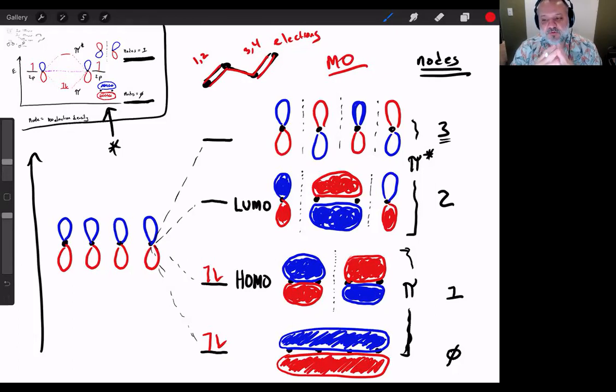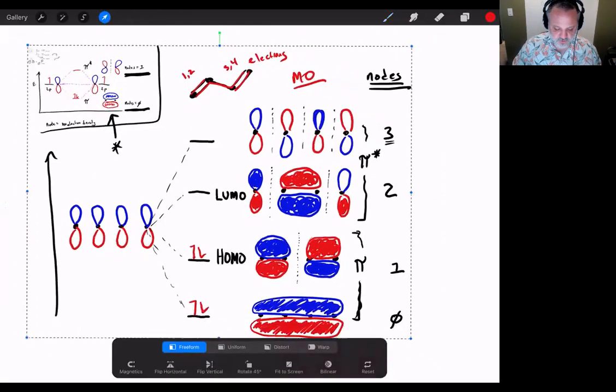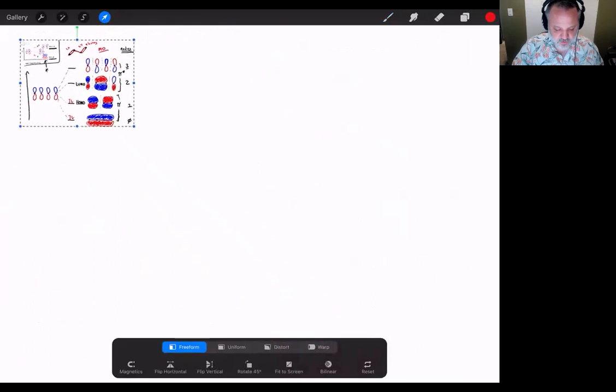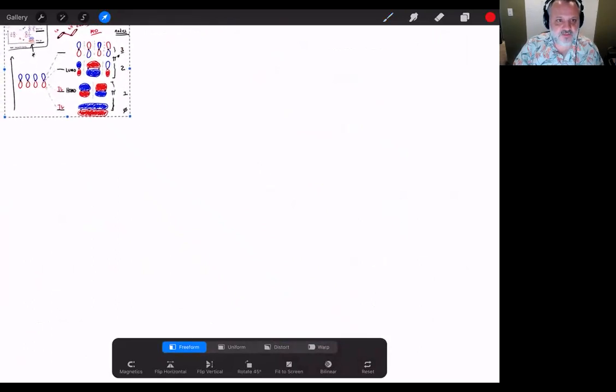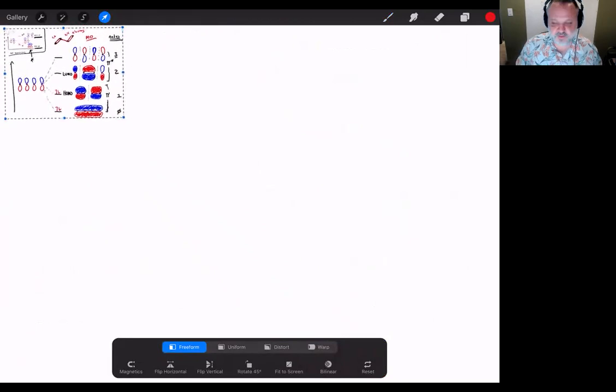Ultimately we're going to use these things to explain stereochemistry, and we're not going to get to that point today. For the last thing, I just want to shrink this whole idea up into the corner so it's still there for us to think about in just a little bit.